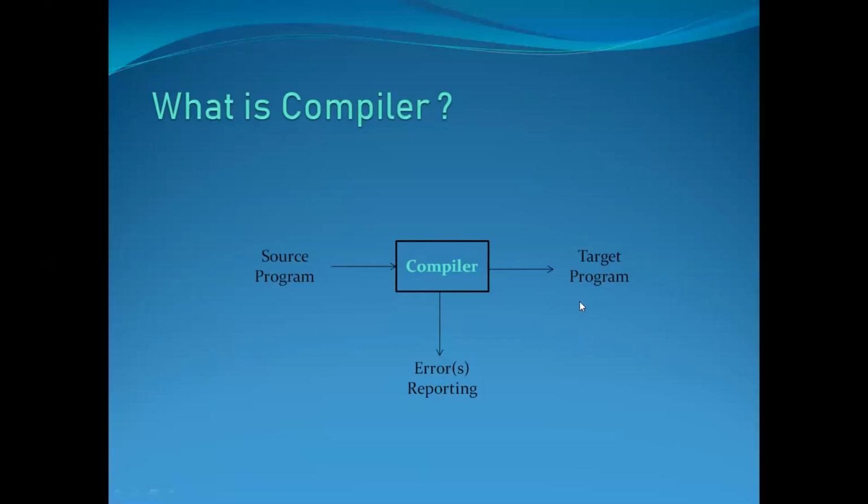As I already told you, the target program is usually a low-level language program because the compiler's purpose is to translate and execute a program. So that's why the target program is a low-level language program. But sometimes compiler techniques are used to translate a high-level language into another high-level language. And in that particular case, the target program can be a high-level language program.